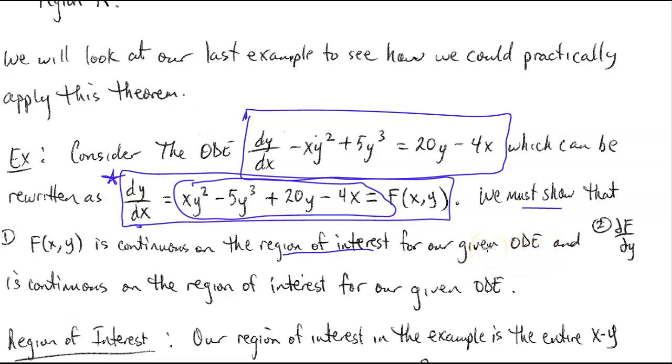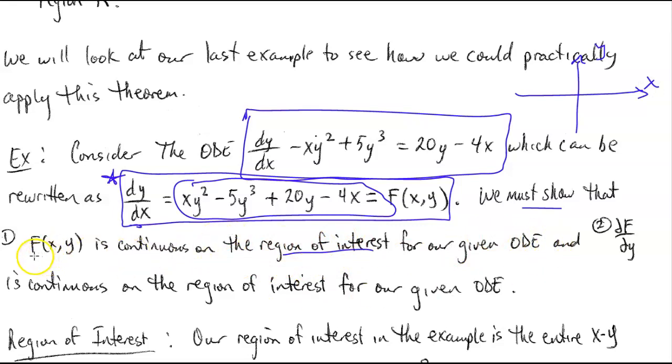And so in this case, I don't have any x value or y value for where this particular two variable function will become undefined, or there's some kind of vertical asymptote or anything like that. So what I'm going to do here is consider the whole xy plane. That would be our region of interest.